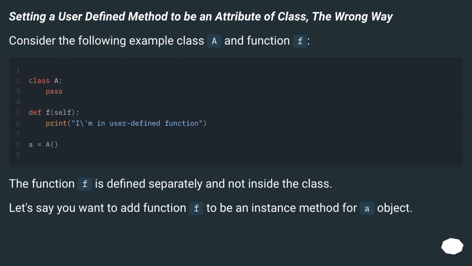Setting a user-defined method to be an attribute of a class, the wrong way. Consider the following example: class A and function f. The function f is defined separately and not inside the class. Let's say you want to add function f to be an instance method for our object.